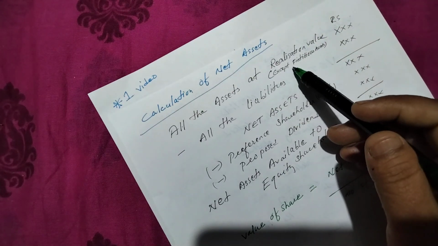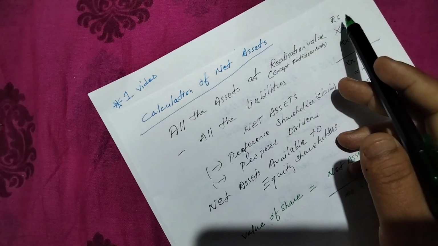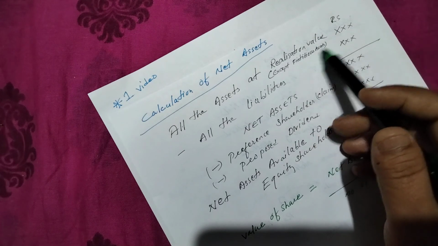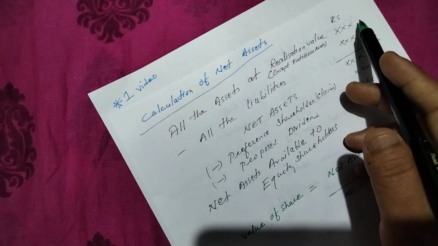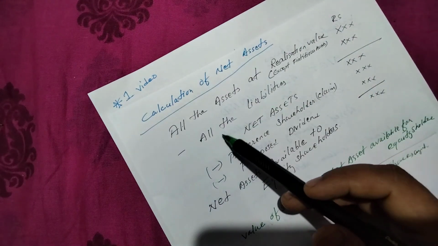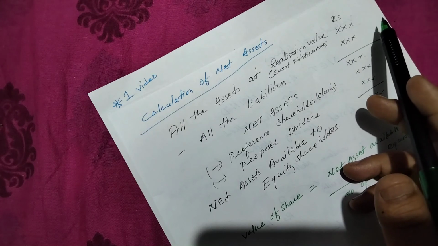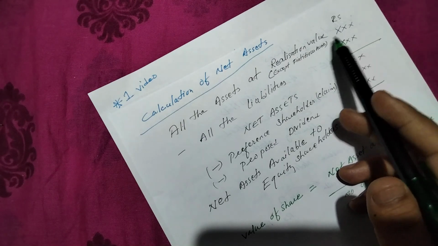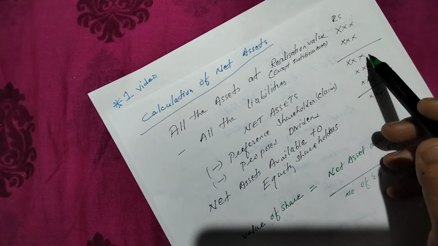So you have to exclude them. You have to write all the other assets, but not fictitious assets. Then after writing all the assets at realization value, you need to deduct all the liabilities, all the outsider liabilities. Then when you deduct liabilities from assets, it will be net asset.